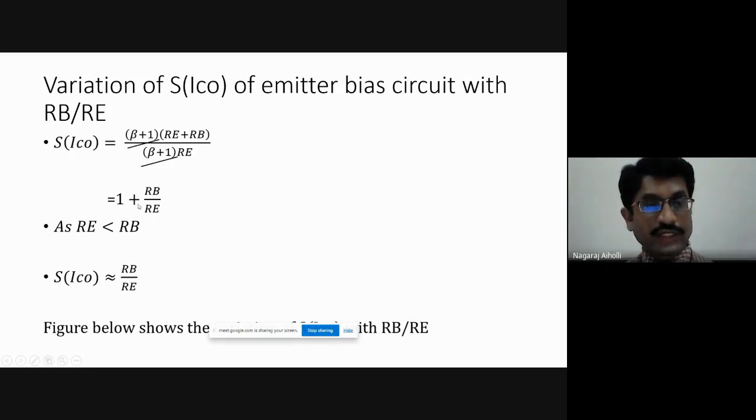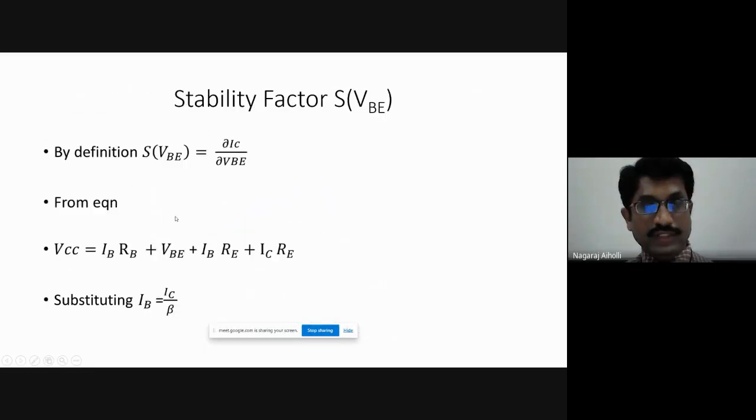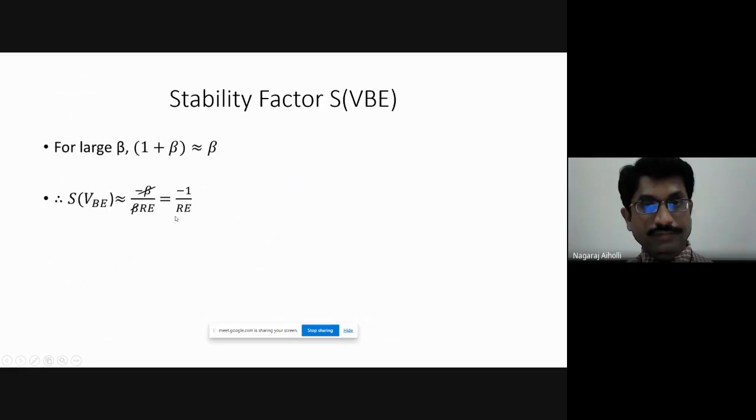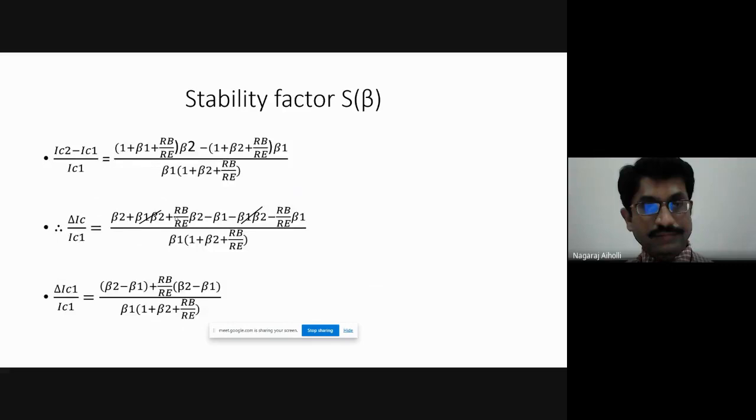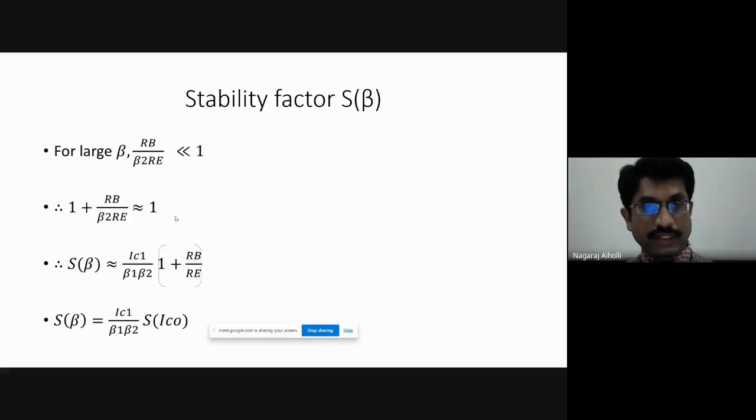S of ICO we have got it as 1 plus RB by RE. The same equation just substitute here. So 1 plus RB by RE for emitter bias circuit is nothing but S of ICO.